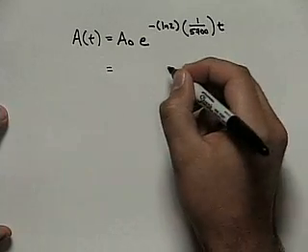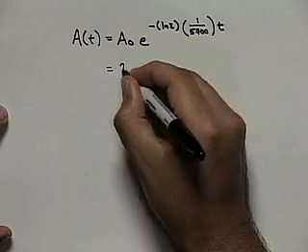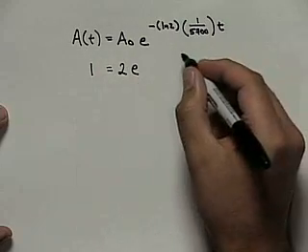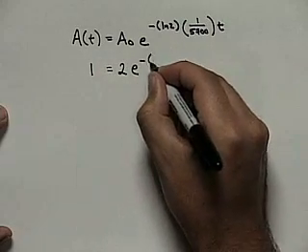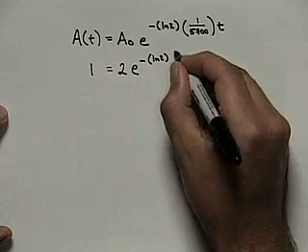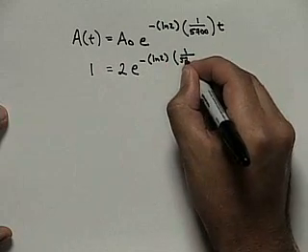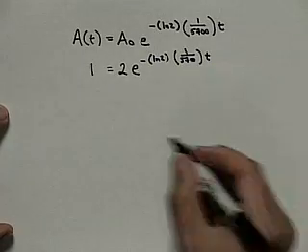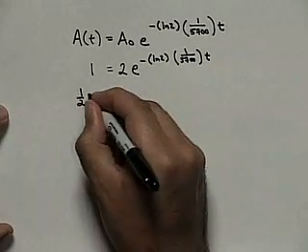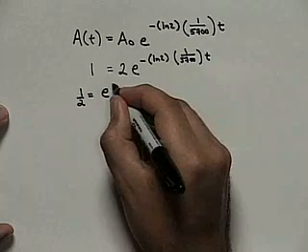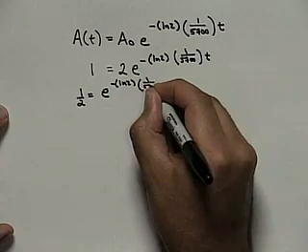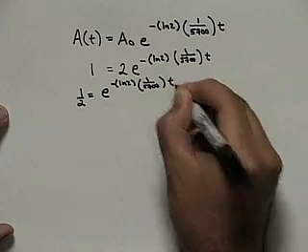So again, what I'll do is make A_0 equal to 2, and A(t) equal to 1, and fill in the rest of the function, which is e raised to the negative ln of 2 times 1 over 5700 times t. And now dividing both sides by 2, we end up with 1/2 equals e raised to the negative ln of 2 times 1 over 5700 times t.